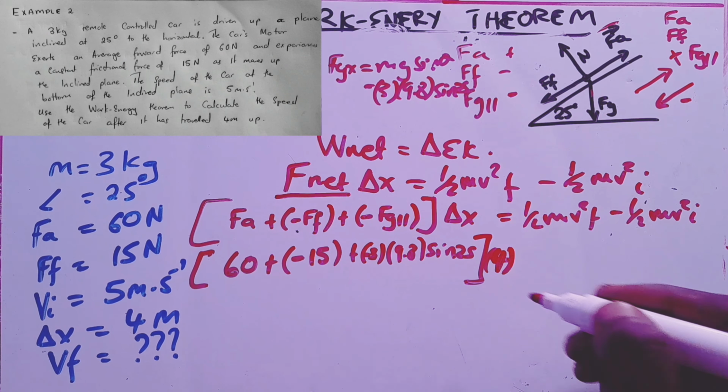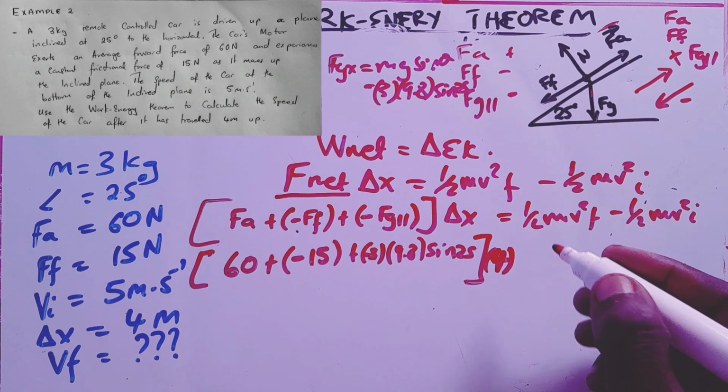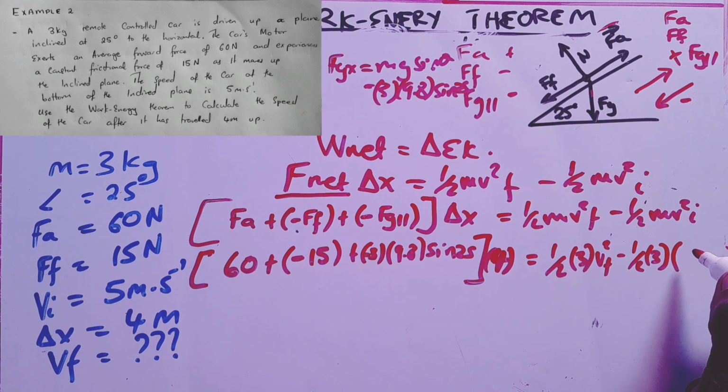So this is 4 meters, being equal to half the mass, which is 3, the final velocity, which is unknown, minus half 3, and the initial velocity, which was 5 squared. Yes, 5 squared there.